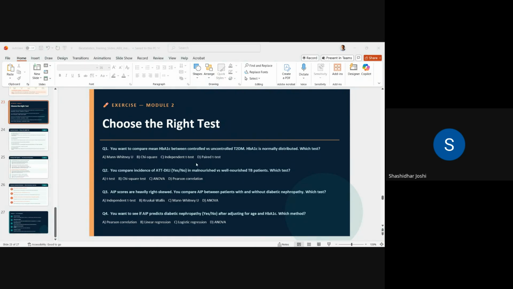Yes, you're right. Second question: you compare incidence of ATT-DILI, yes or no, in malnourished versus well-nourished TB patients. Which test? Please make the slide full screen.